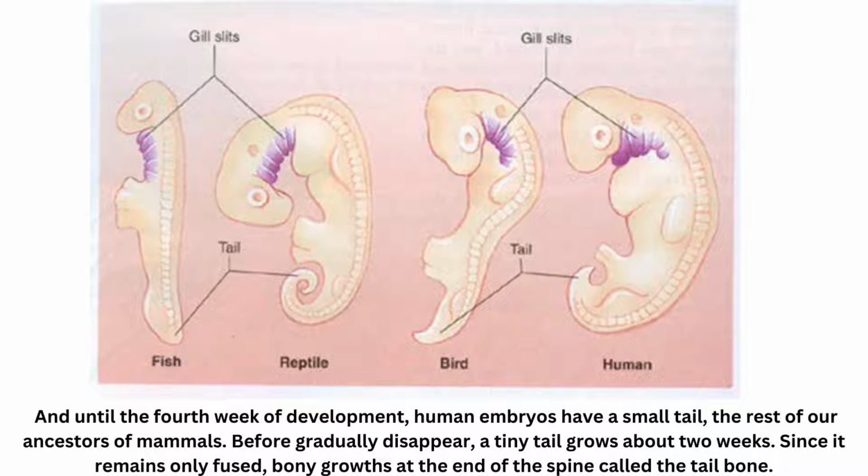And until the 4th week of development, human embryos have a small tail, like the rest of our ancestors, the mammals. Before it gradually disappears, the tiny tail grows for about 2 weeks. Only the fused, bony growths at the end of the spine remain, called the tailbone.